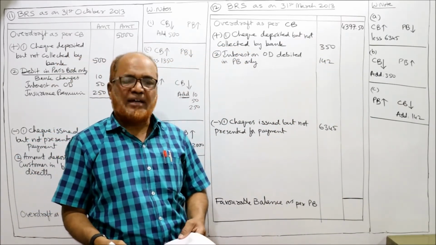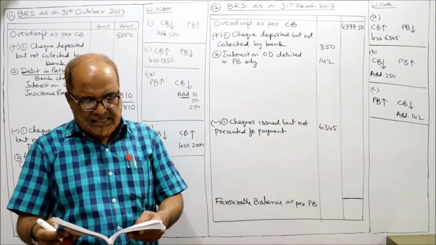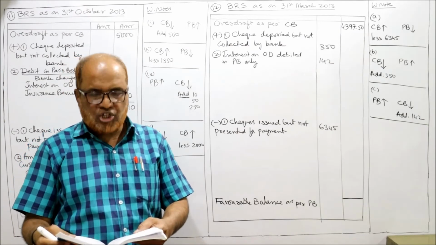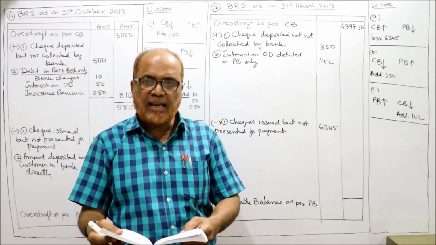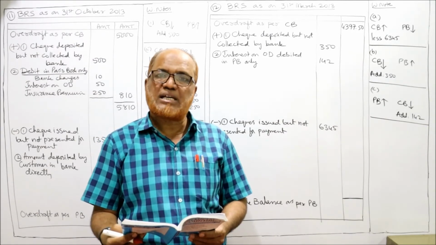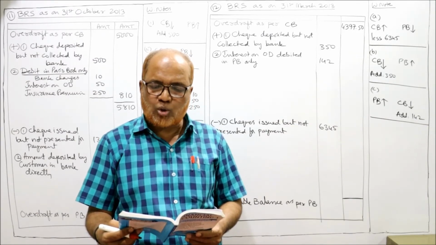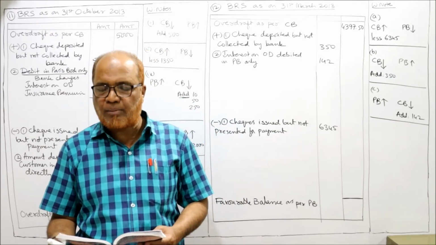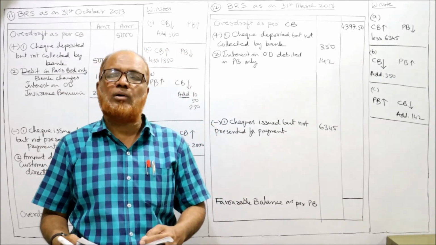The last and final point. The trader has discounted with bank in March a bill of exchange for 2,400 and had entered this amount in his cash book. But the proceeds credited in the passbook as shown by the passbook amounted to 2,387.40. Now, listen carefully.